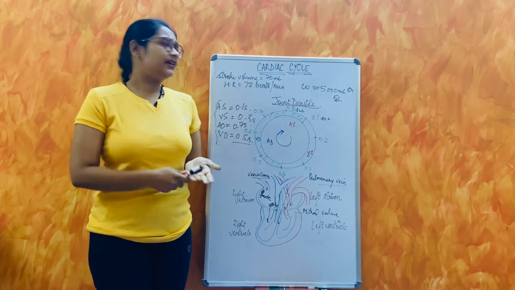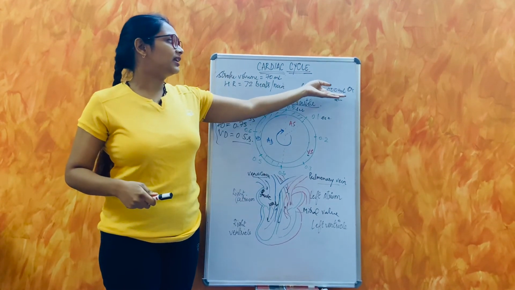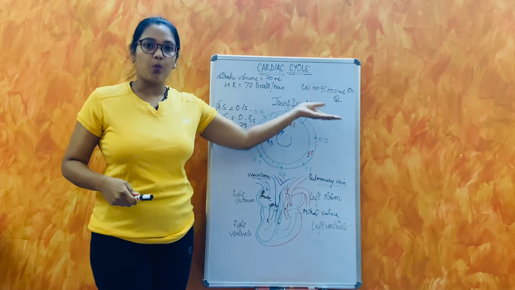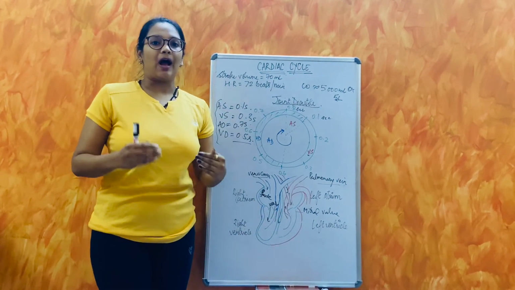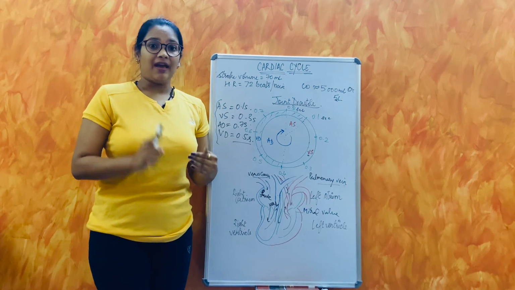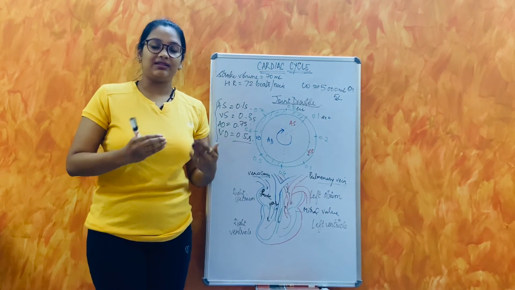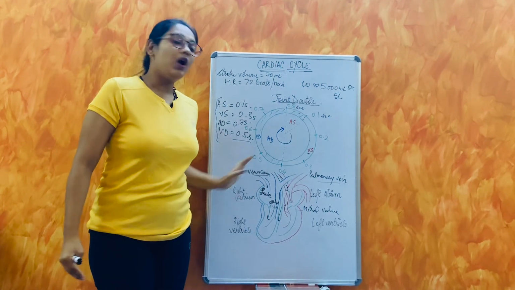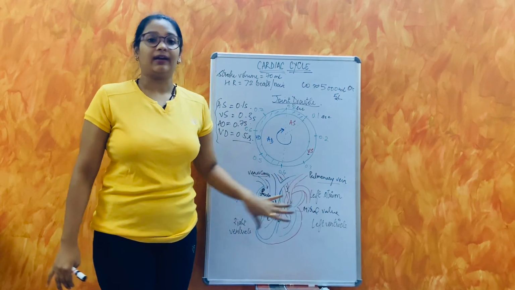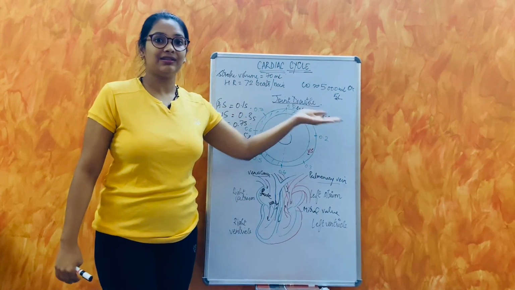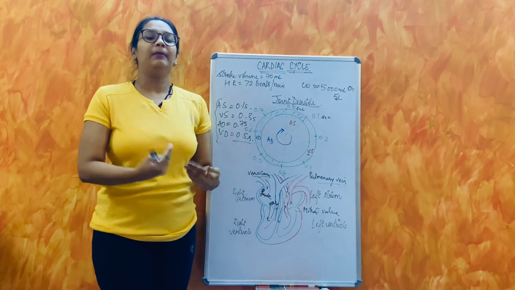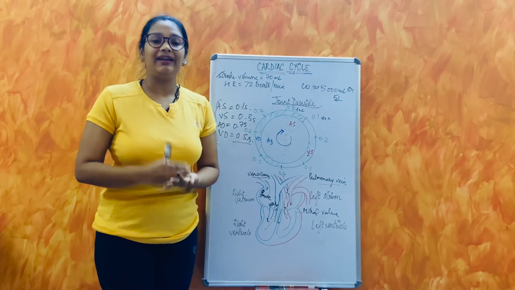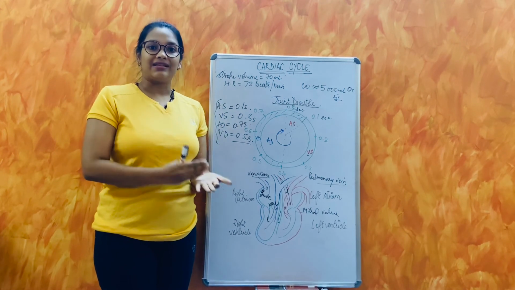That signifies the work that is done by the heart. In case the cardiac output decreases, that means the heart is not being able to meet the requirements of the body, that is, it is pumping out less blood.